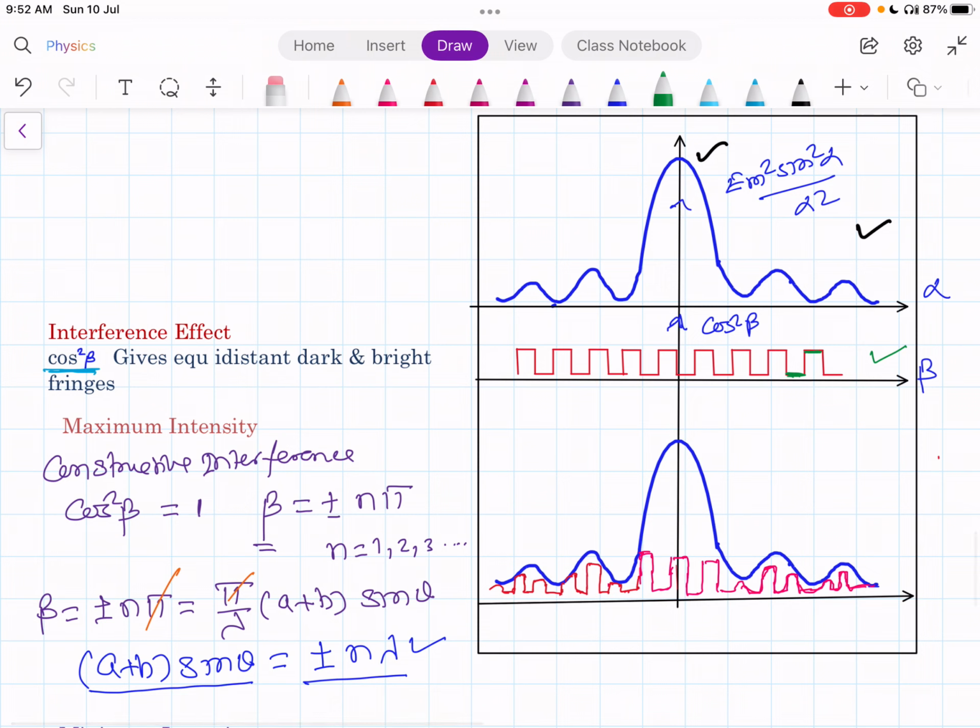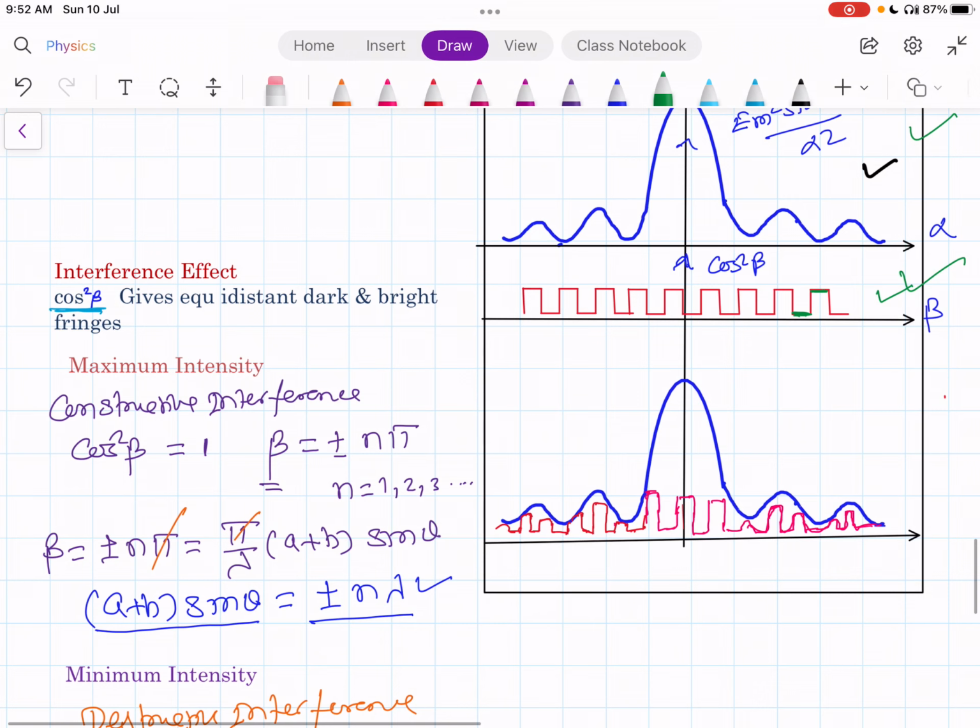The first graph is because of the diffraction effect, the second graph is because of the interference effect, and the third graph is a combination of the two. So in the principal maxima, we can see several dark and bright fringes.